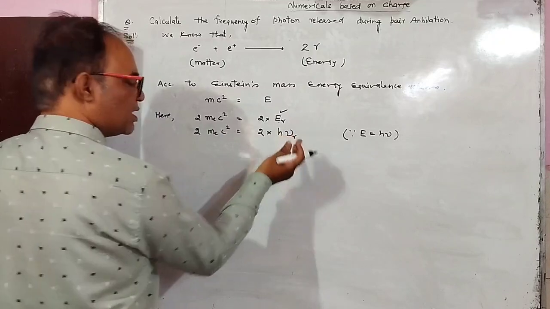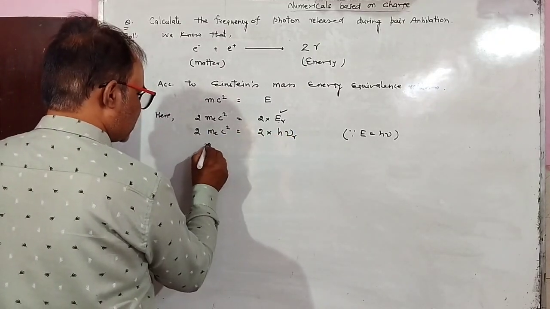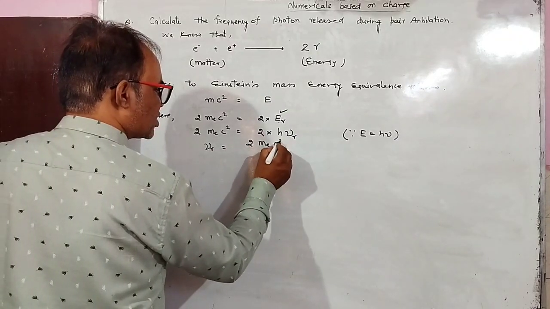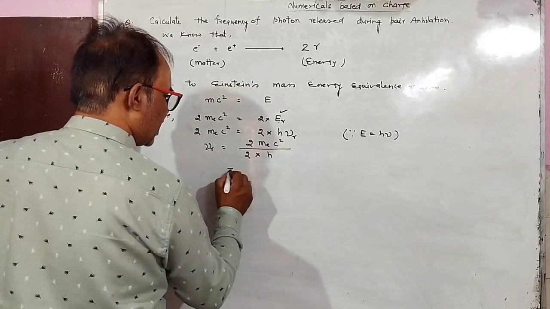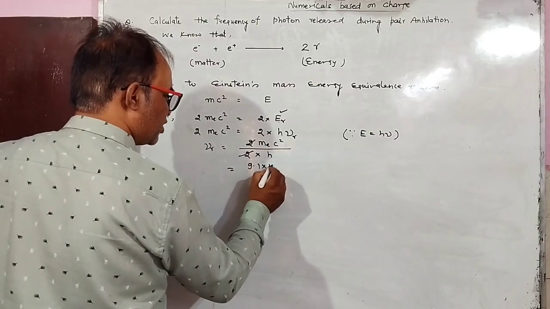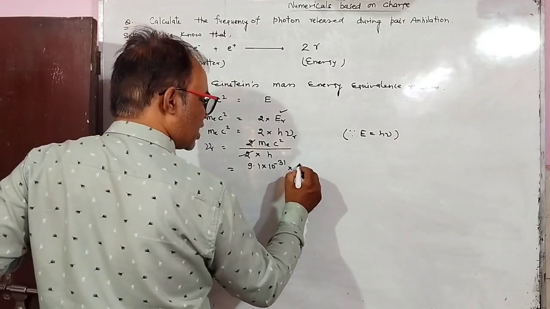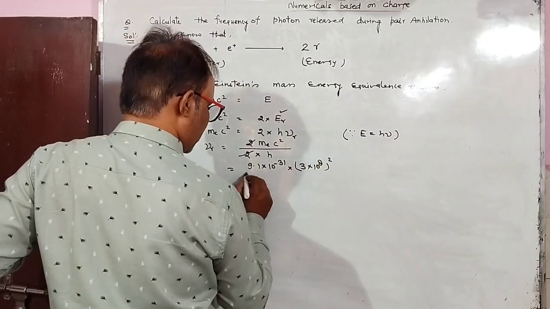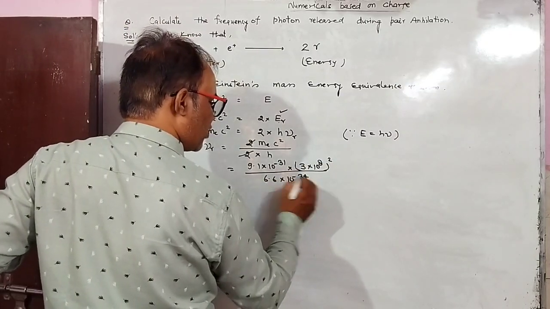So we can just solve it here as nu gamma equal to 2 mec square upon 2 into h. That means 2 and 2 you can cancel, you can put the value of me as 9.1 into 10 to the power minus 31 into c square, which means 3 into 10 to the power 8 square, and h is 6.6 into 10 to the power minus 34 joule second.